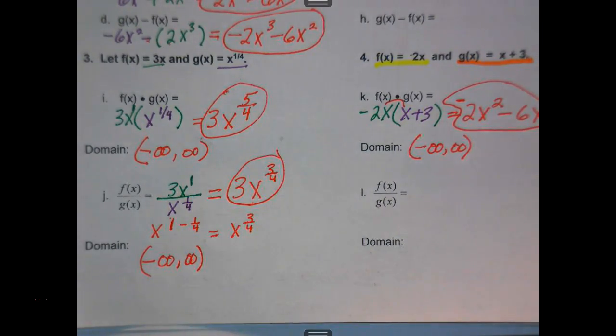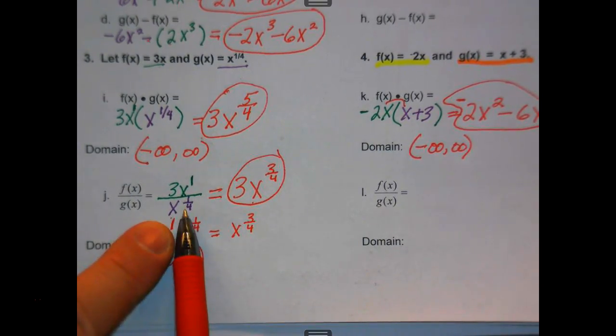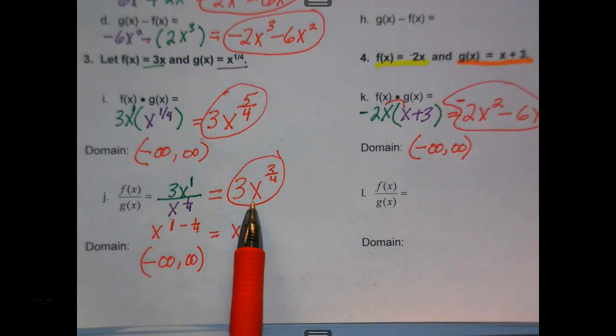Wait, how is 0? Well, sometimes with fractions, if you have a fraction, the denominator can't equal 0. After we simplified this, we don't have a fraction anymore. Okay?